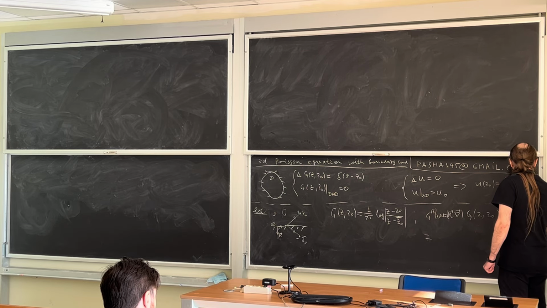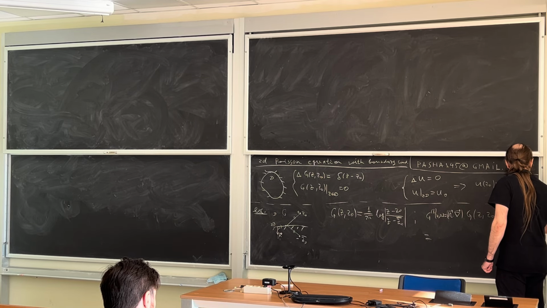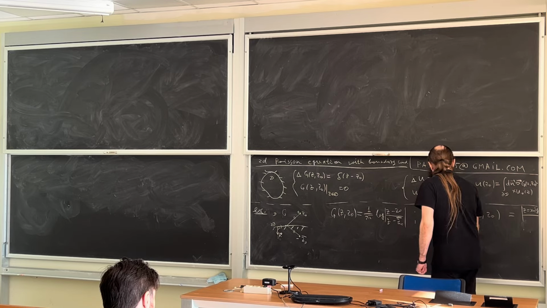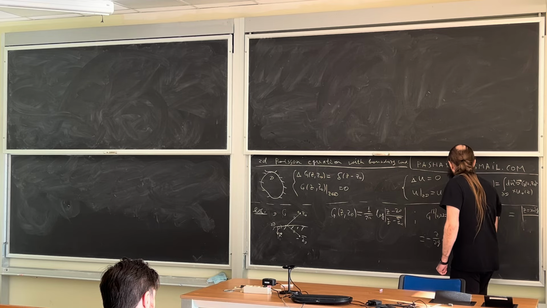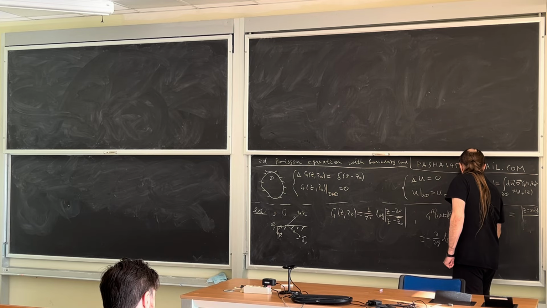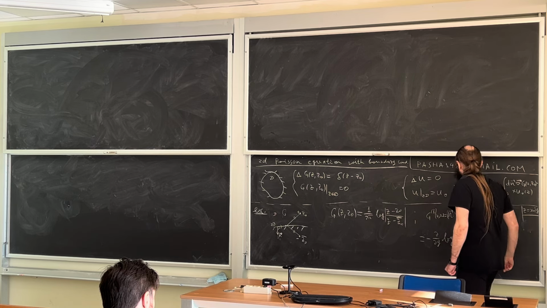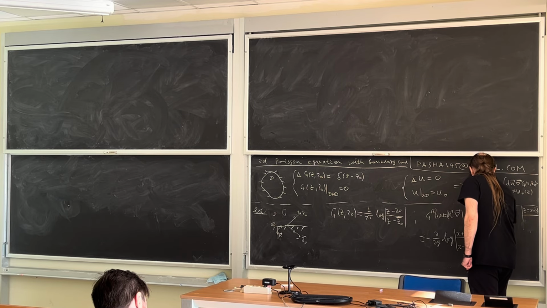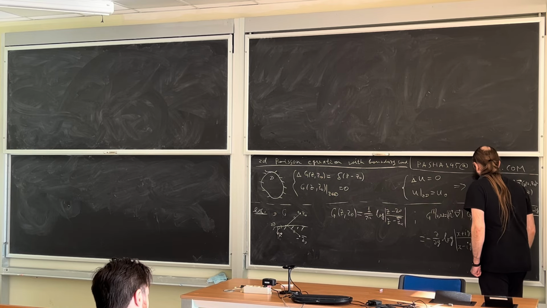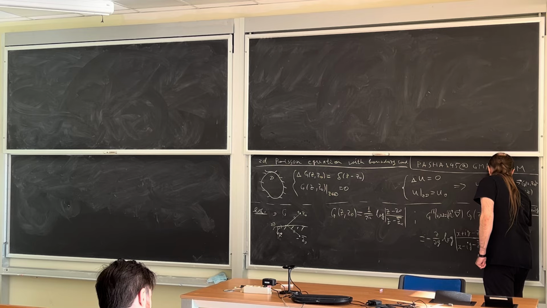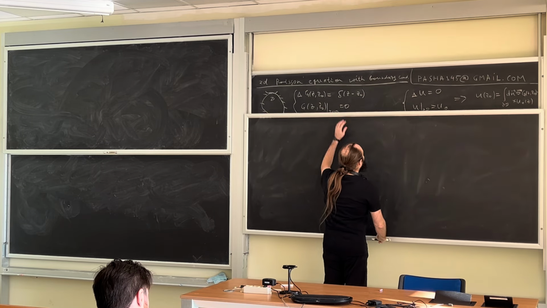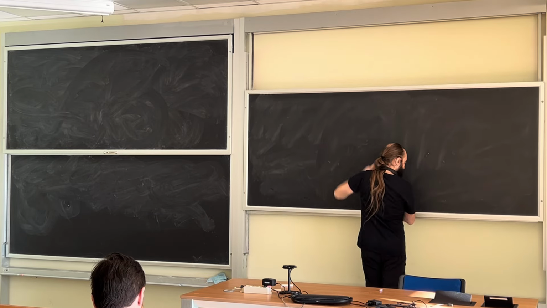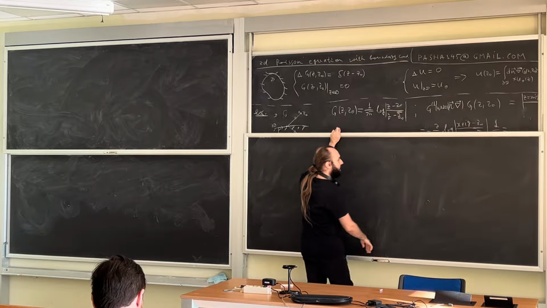So we write that z is x plus iy. This Green function is minus d/dy of the logarithm of (x plus iy minus z0) times (x minus iy minus z0 bar), with a factor 1 over 2 pi.